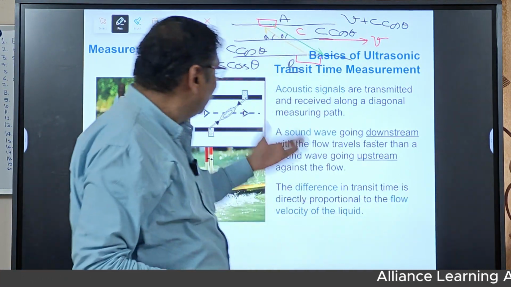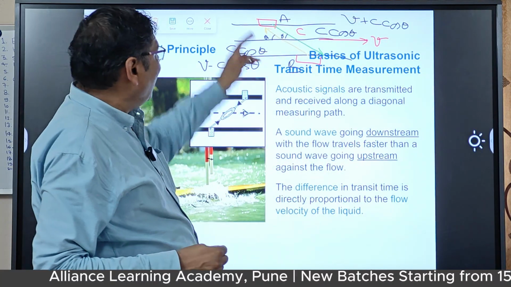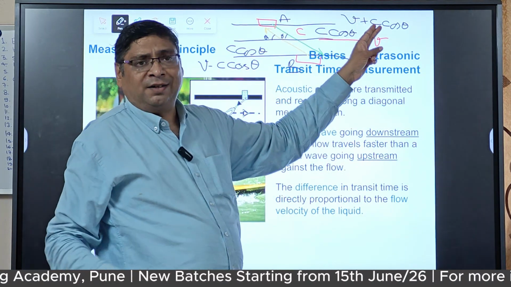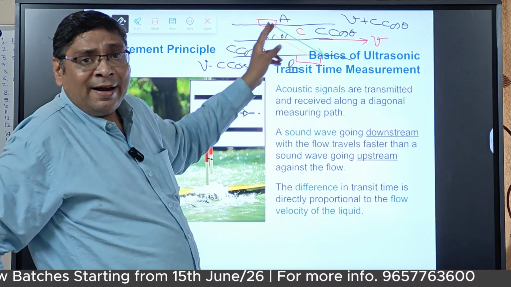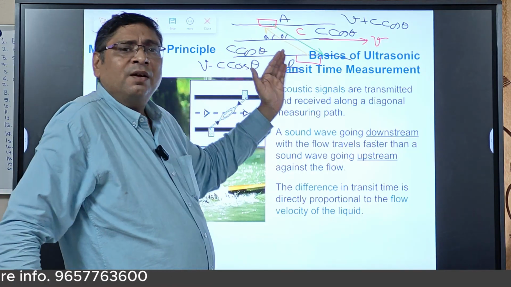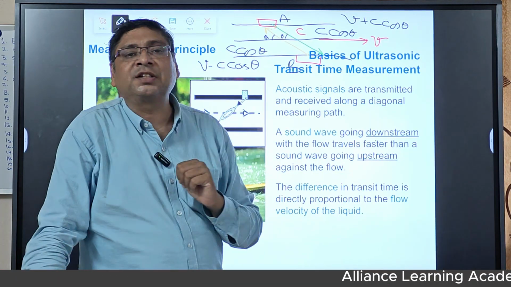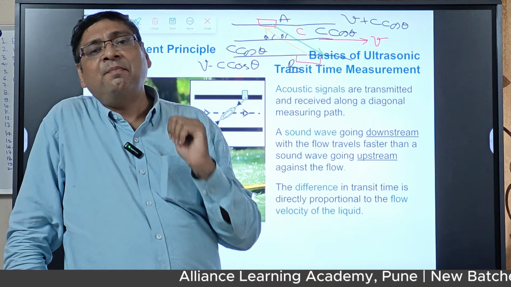Same thing is here. When A is talking to B, it is faster. When B is talking to A, it is not faster, it is slower, because the minus C cos theta component comes into the picture.